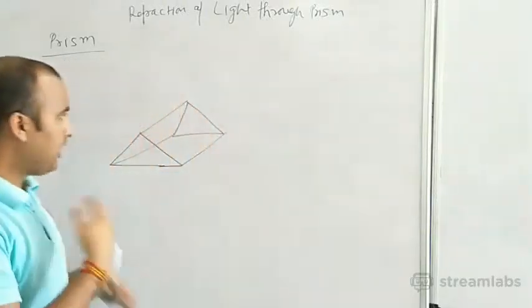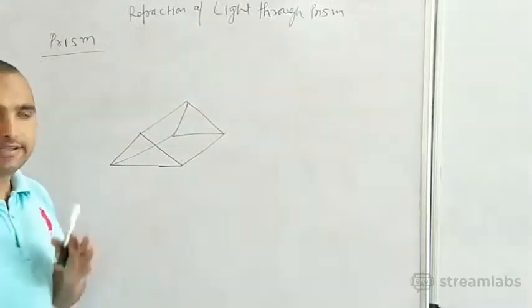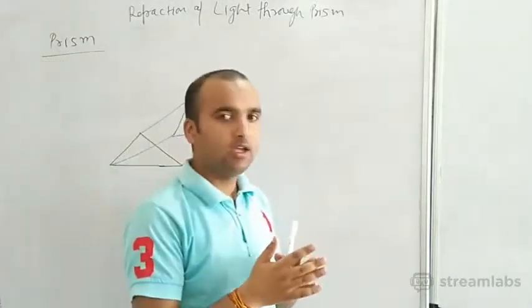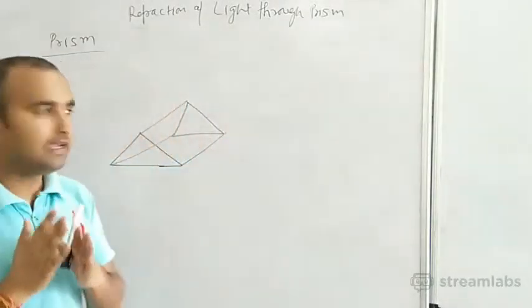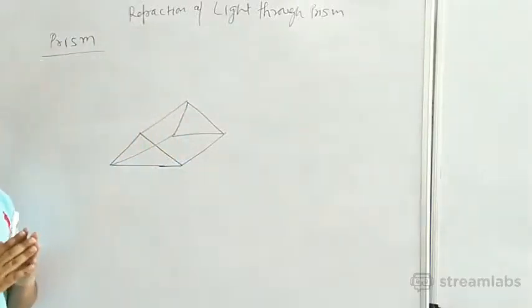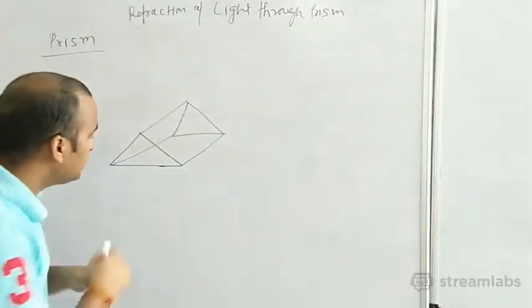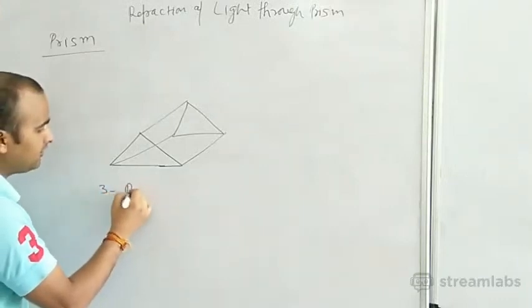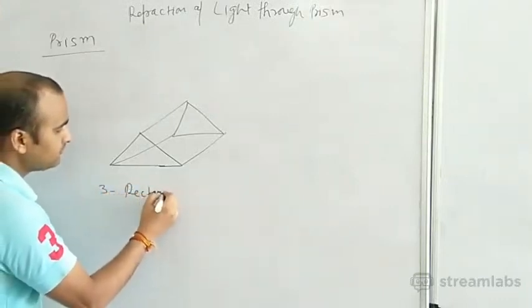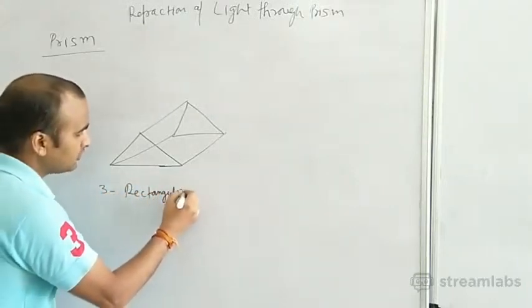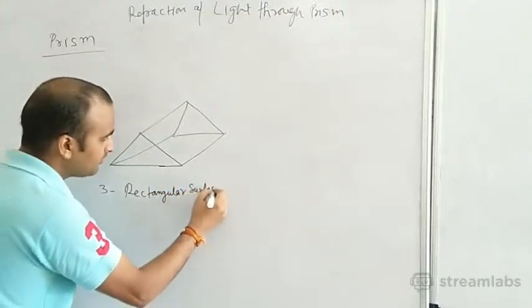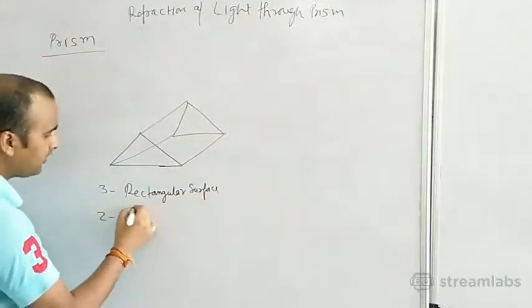So how can we define the prism? A prism is a type of transparent medium which is bounded by 5 plane surfaces. Of the 5 plane surfaces, 3 are rectangular and 2 are triangular.